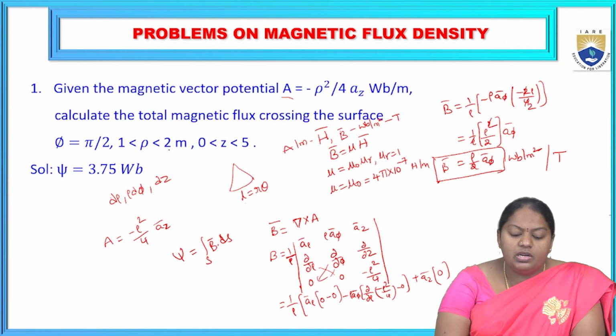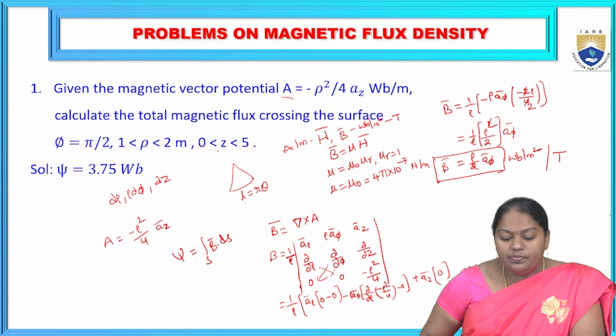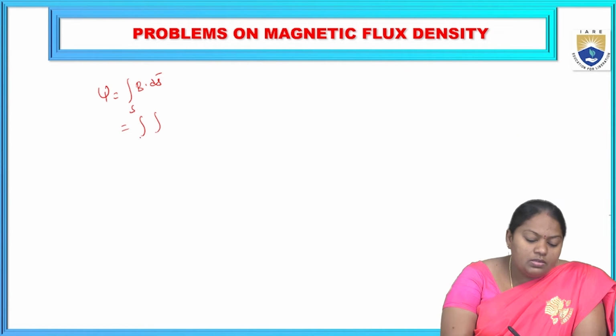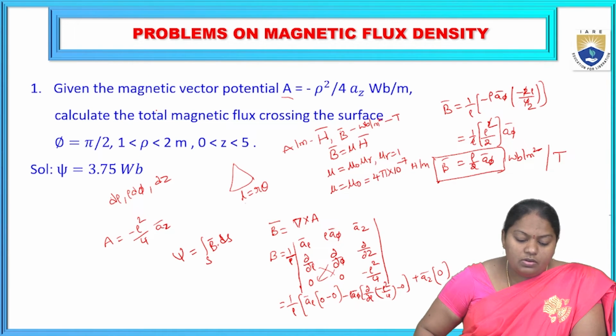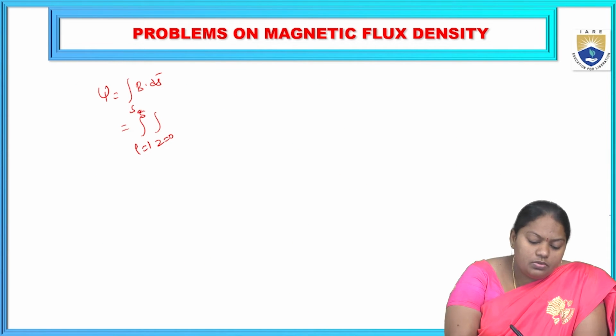Rho is ranging from 1 to 2 and z is ranging from 0 to 5. So rho equal to 1 to 2, z equal to 0 to 5.